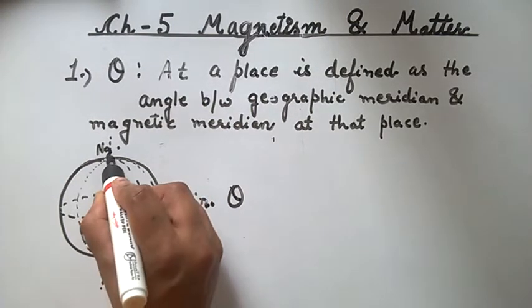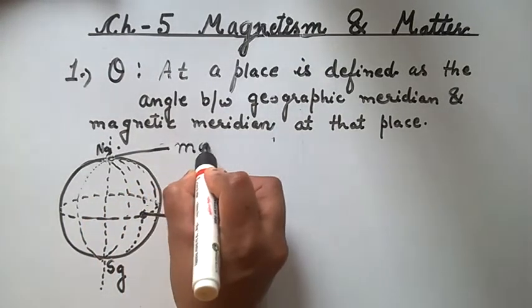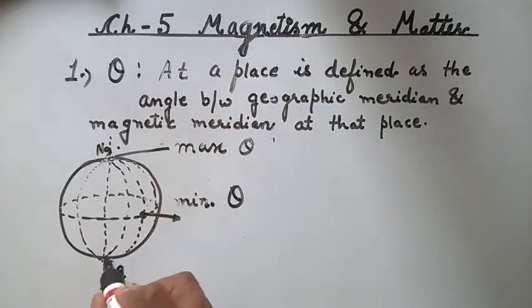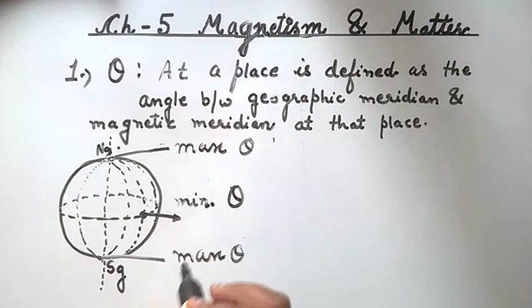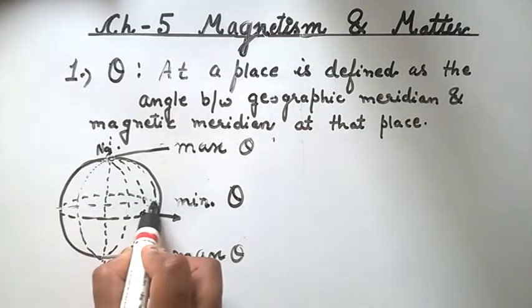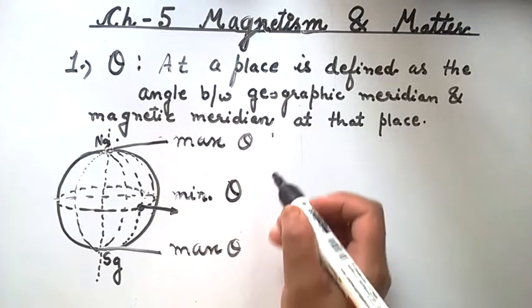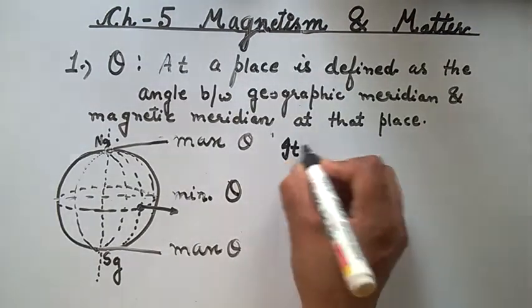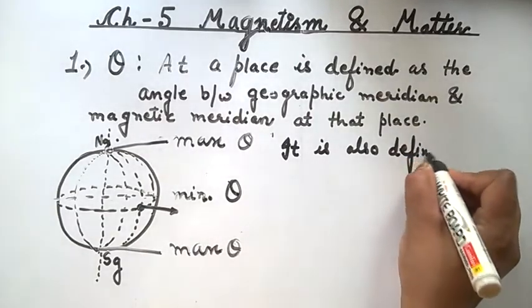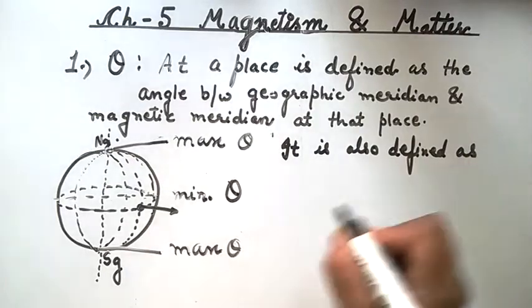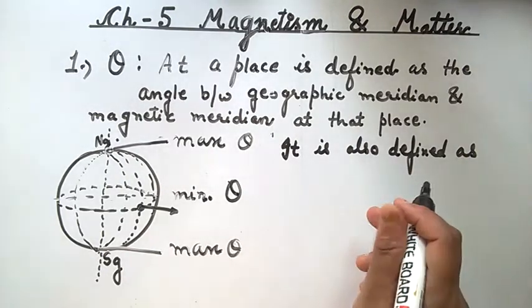So at the poles it is maximum. It is also defined as the angle between magnetic axis and geographic axis at a given place.